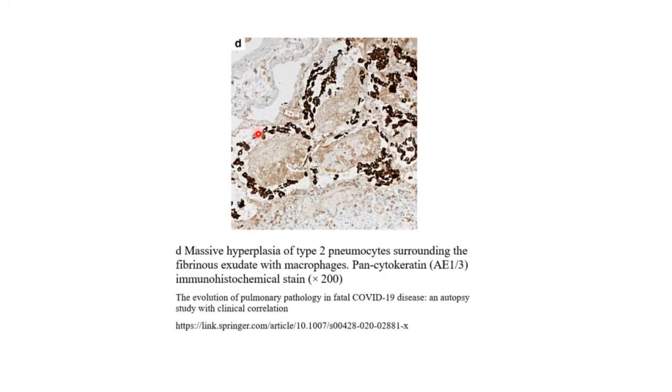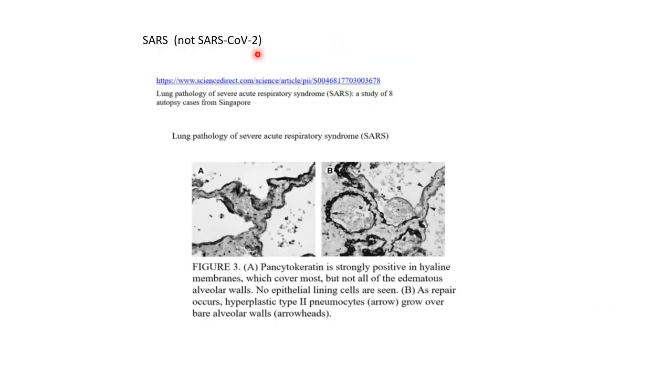In this slide, there's a massive hyperplasia of the type 2 pneumocytes. These are type 2 pneumocytes that have arisen as a consequence of type 2 pneumocytes replicating. Take note, this is not SARS-CoV-2 infected lung, but this is infected by SARS, the earlier virus.